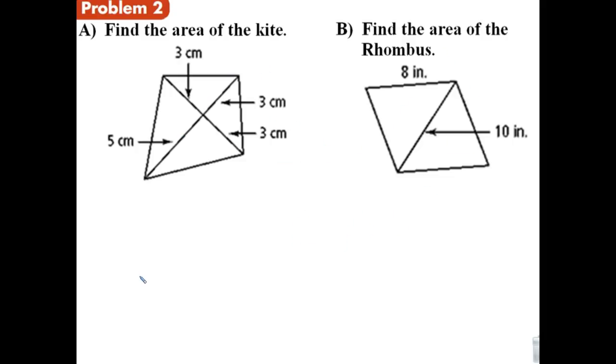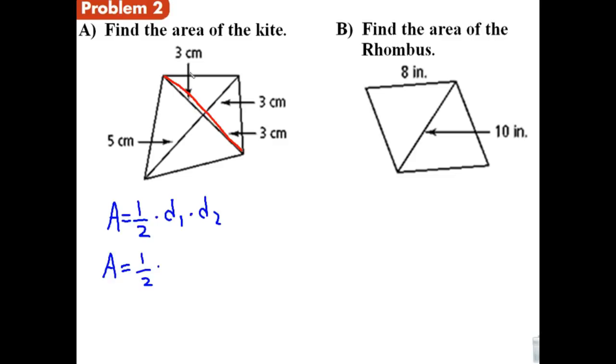All right, let's go ahead and use those formulas. Problem 2, part A, looks like we have a kite. We know its area formula is 1/2 times D1 times D2. So we have area is equal to 1/2 times diagonal 1, which runs from upper left to lower right.